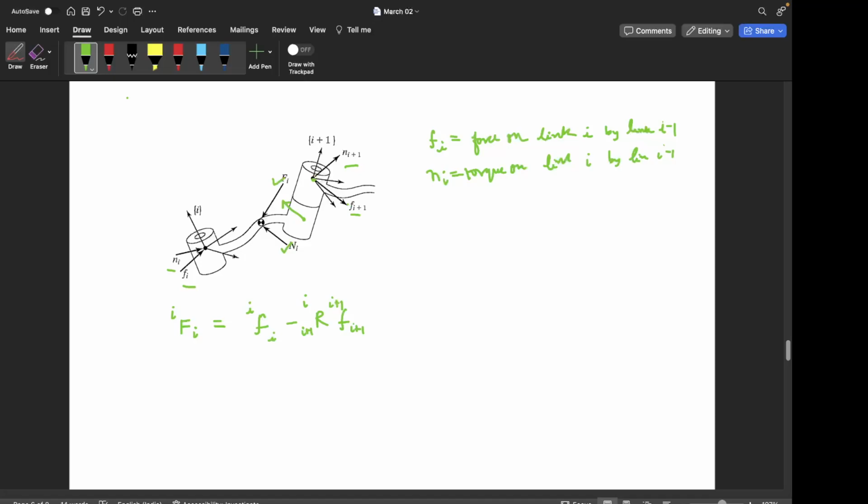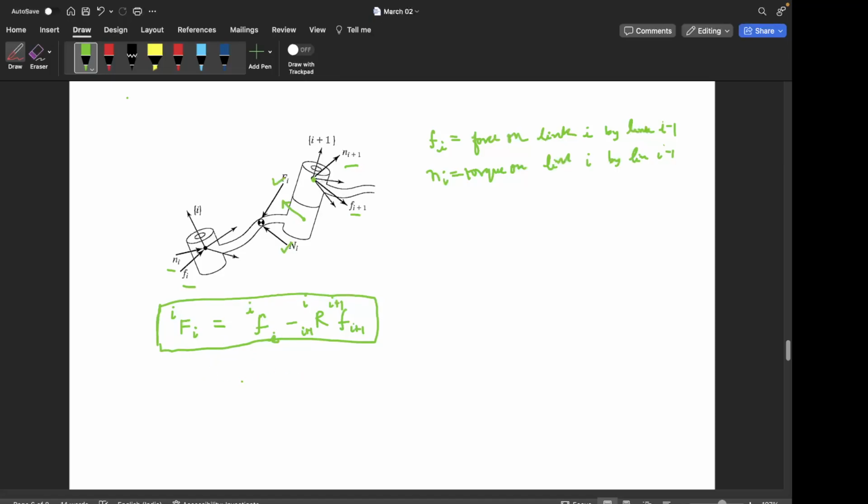Because this Fi plus 1 is the force acted on link i plus 1 by link i. So the force acting on link i will be the opposite of that, the reaction force. So this is force balance, and by solving this equation recursively, we'll get the Fi's.